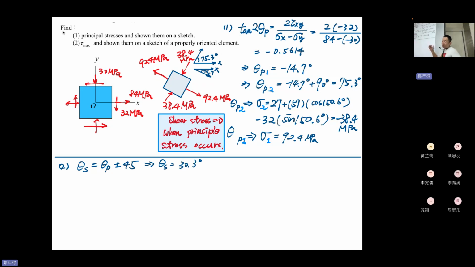I used minus 14.7 degrees plus 45, so you get 30.3. And then we can have tau x1y1. If we substitute 30.3, it will become, right? So minus 84 minus 30, and 2.